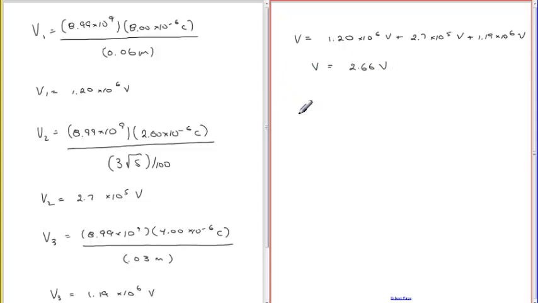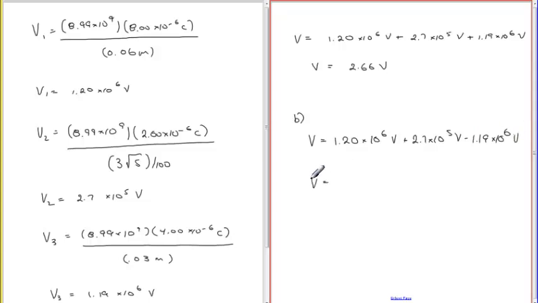And they said, what happens if we change the charge to -2? Well, this one would become a negative. So part B, we have the same thing. The magnitudes are the same. What happens is that the sign changes. So we have plus 2.7 times 10 to the 5th volts minus 1.19 times 10 to the 6 volts.